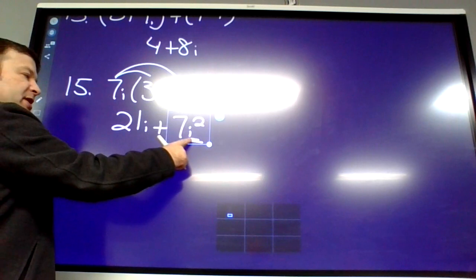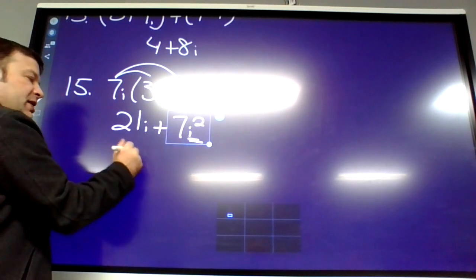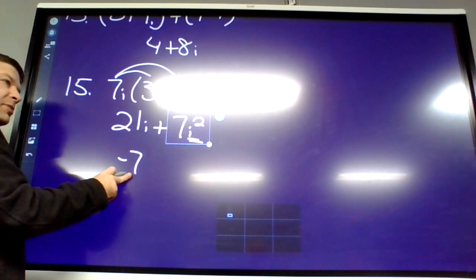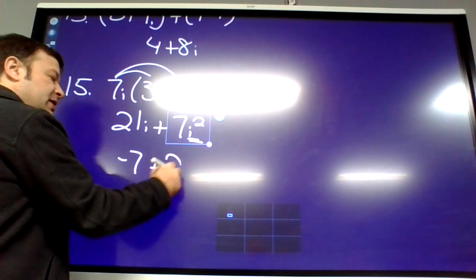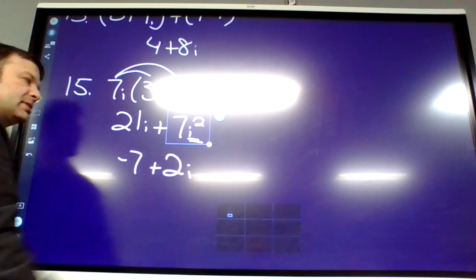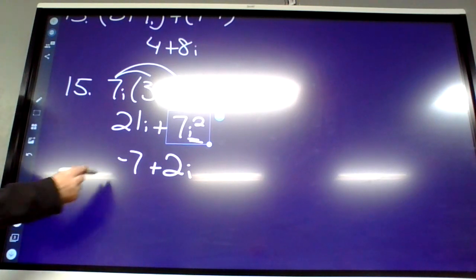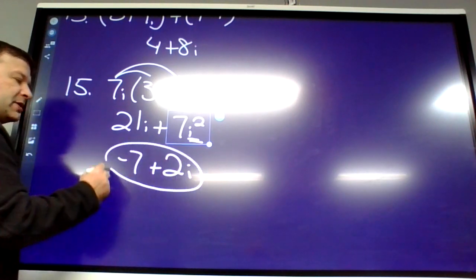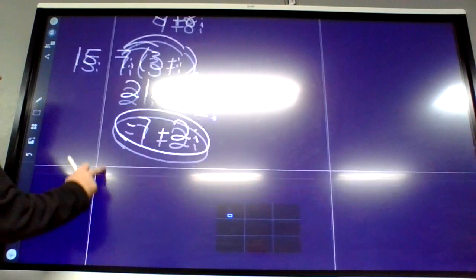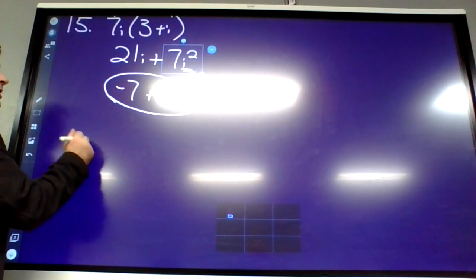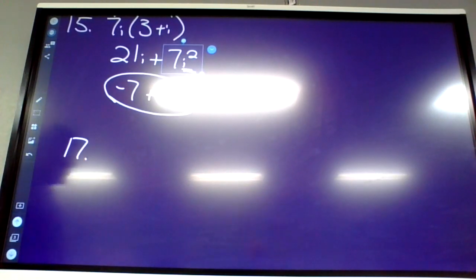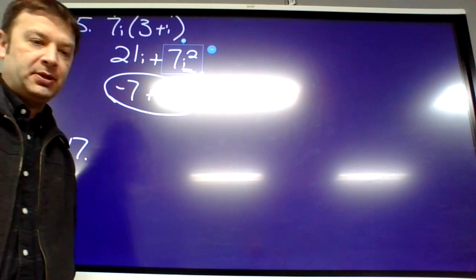So this is 7 times -1, which is -7. They actually like you to put the real number in front and the imaginary number in back. So -7 plus 2i. And altogether they call this a complex number. That's why the calculator needs to be in complex mode if you want to do it from a calculator.